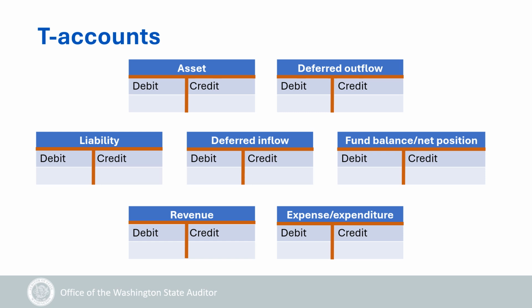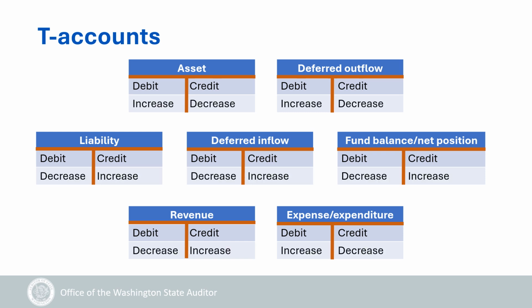On the left side of the T accounts is the debit column. Regardless of what type of account you're using, the left column is always the debit, and the right column is always the credit. As you make journal entries, you fill in the T accounts with the amounts from the transactions.